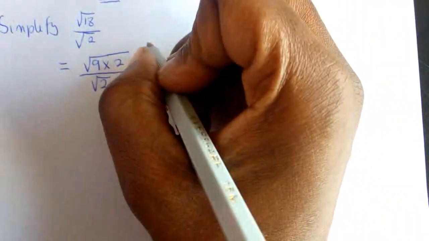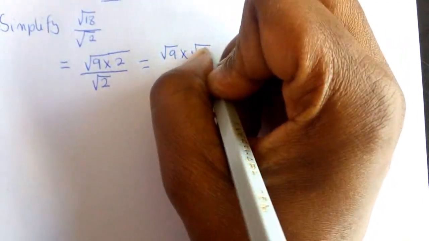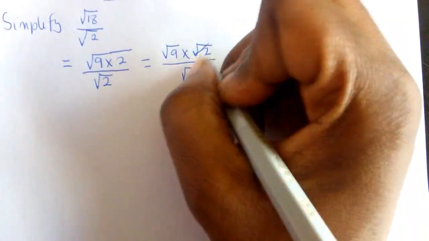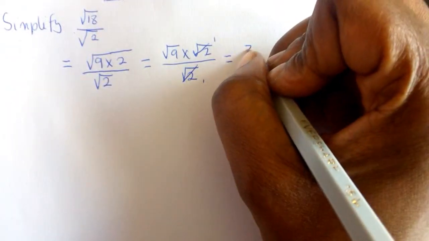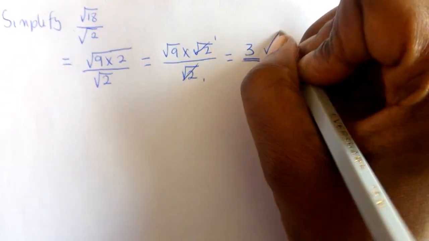This becomes how much? It becomes the square root of 9 times the square root of 2 over the square root of 2. Then these are identical, so they cancel each other, which becomes the square root of 9 is 3, right? Since 9 is the square of 3, so our solution is 3.